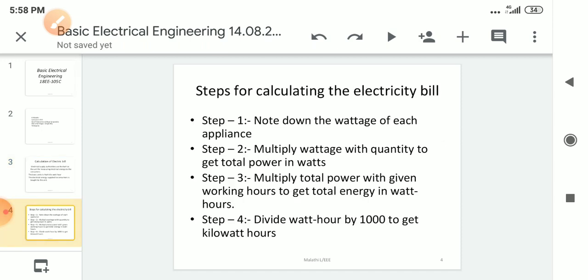Let's see what are the steps for calculating this electricity bill. First step is note down the wattage of each appliance. Just see in your home, you have so many varieties of watts in your different appliances.